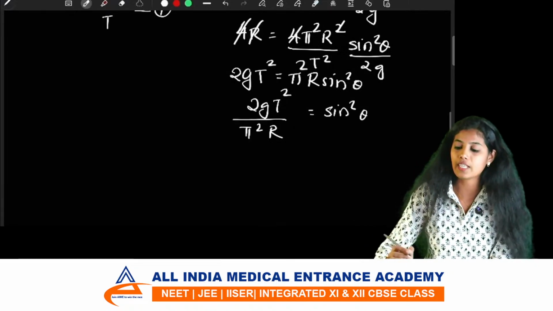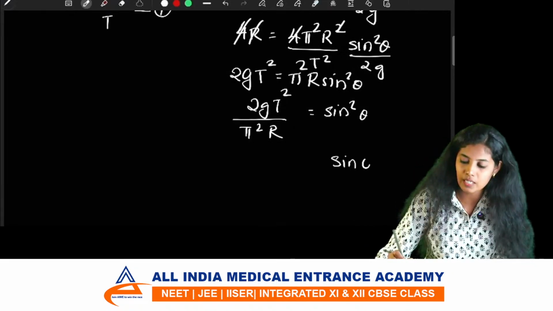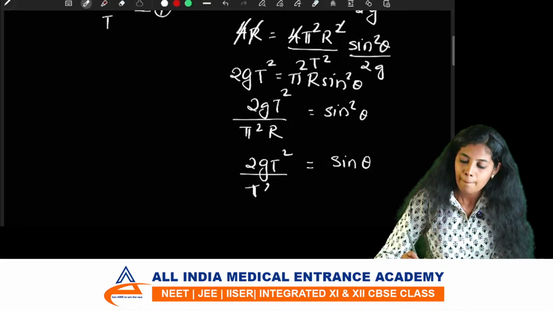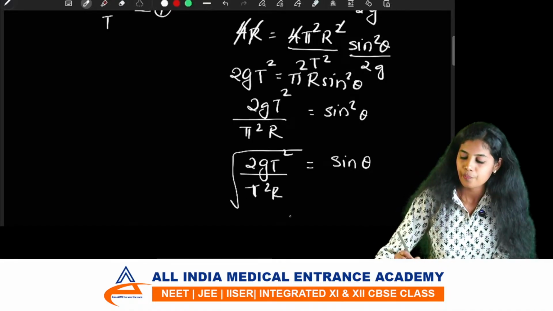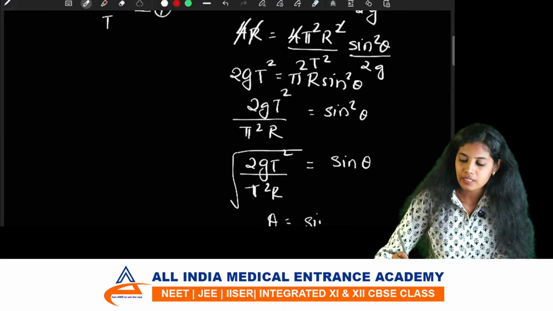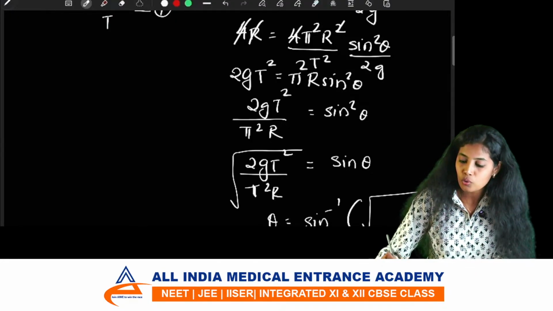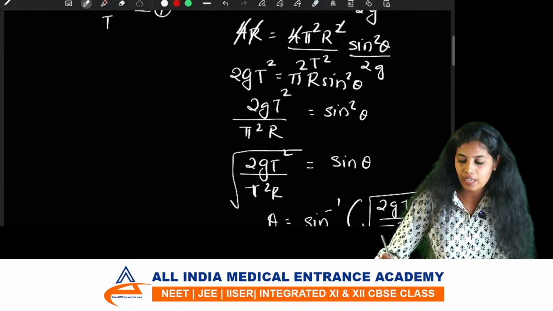Sine square theta we can write as 2g t square by pi square r. Taking root on both sides, we get sine theta equal to root of 2g t square by pi square r. And theta we can write as sine inverse root of 2g t square by pi square r.